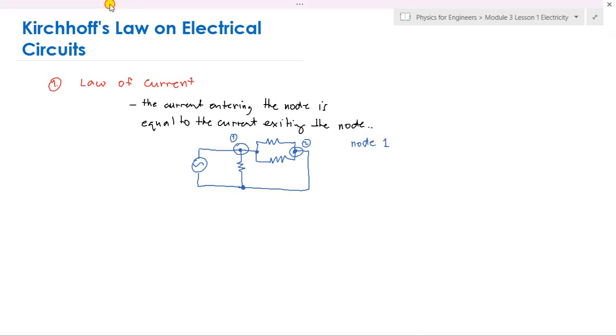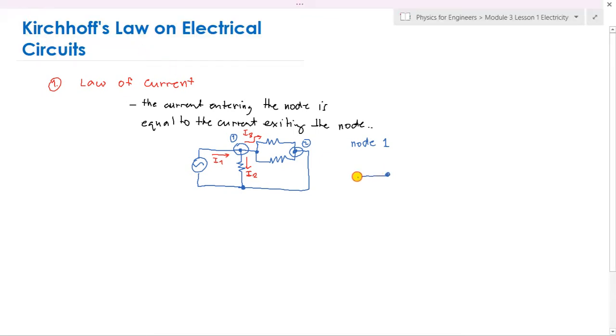In that node there is current passing. Let's say from the voltage source the current that passes initially is I1. Since this I1 enters the node and there are branches, some part of current I1 diverts this way, which we denote as I2, and others divert upward, which we call I3. According to this law, the current entering the node, let's enlarge it, will look like this.